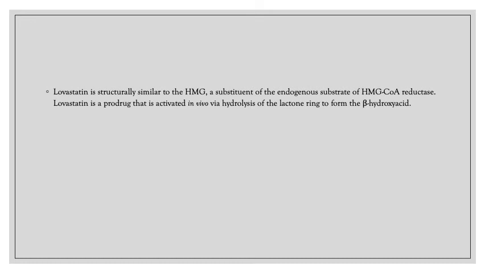So, like I said, lovastatin is a prodrug, and it's an inactive lactone in its native form. The gamma-lactone closed ring, which is how it's administered, is hydrolyzed in vivo to the open ring form, which we talked about.